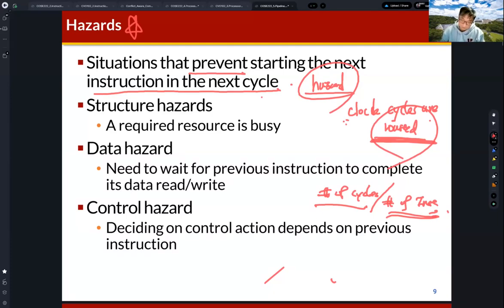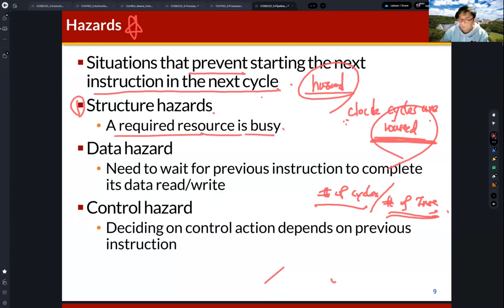And then we can classify hazards into 3 different types based on the reasons for clock cycle waste. The first class of hazard is the structure hazard. The reason for a structure hazard is that the required resource is busy.